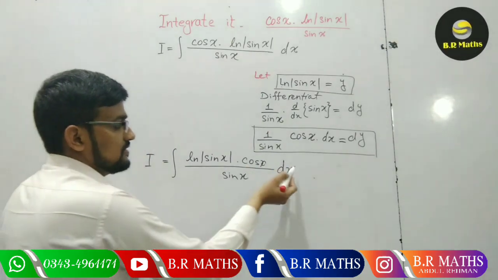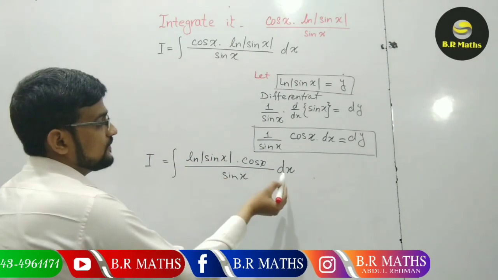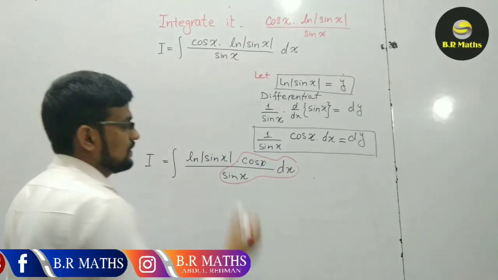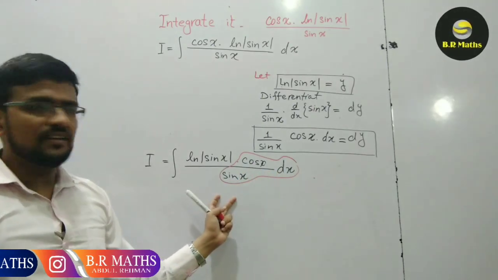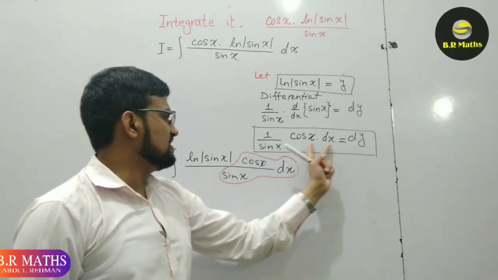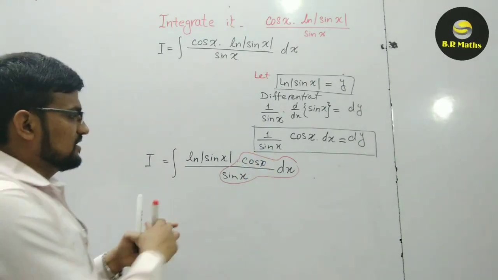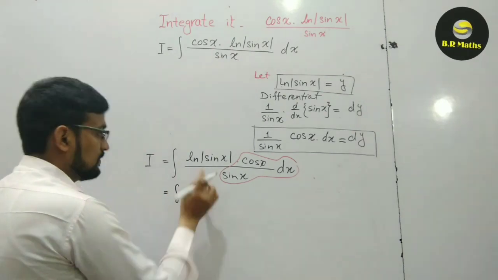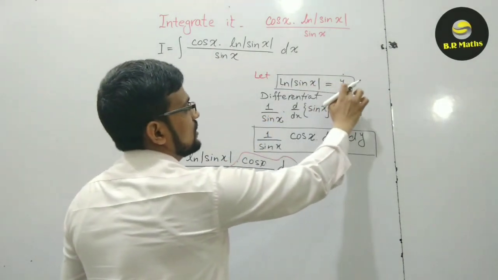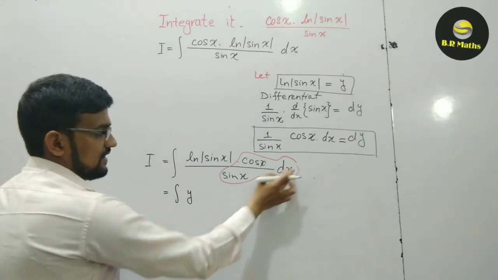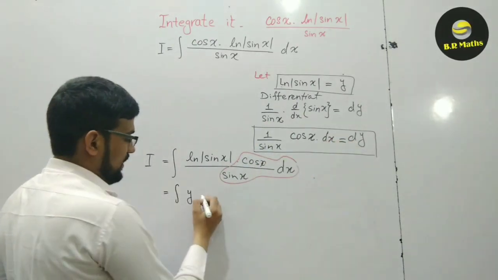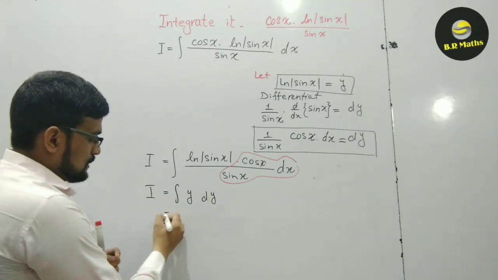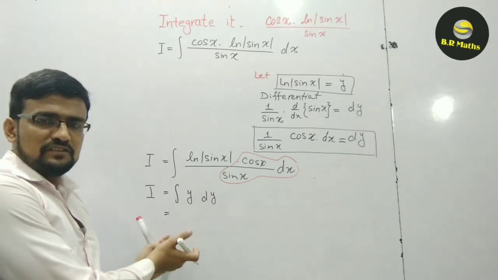So students, see this one, cos x dx divided by sin x, which is cos x dx over sin x. It means this is equal to dy, and natural log of sin x is equal to y, and this whole term becomes dy. So students, it becomes a very simple question.